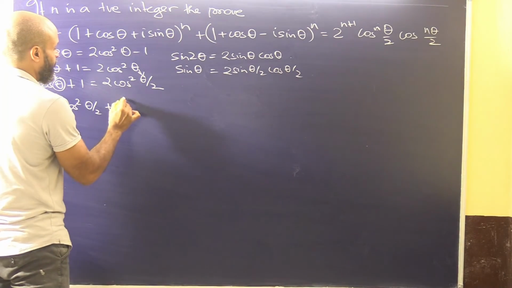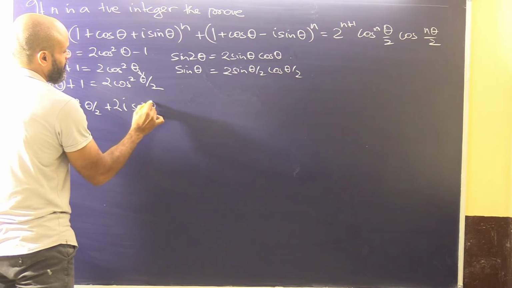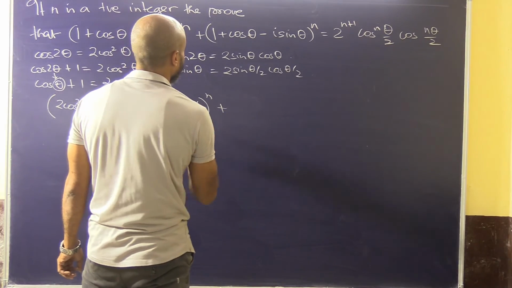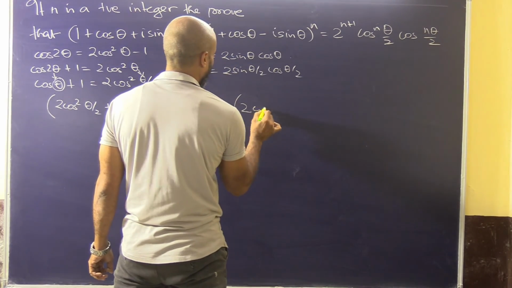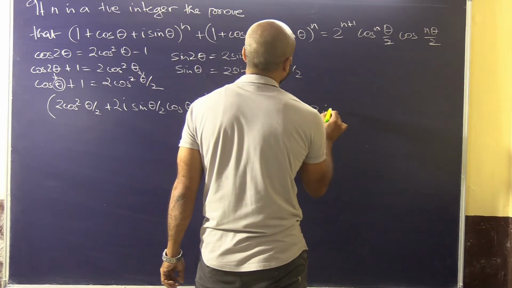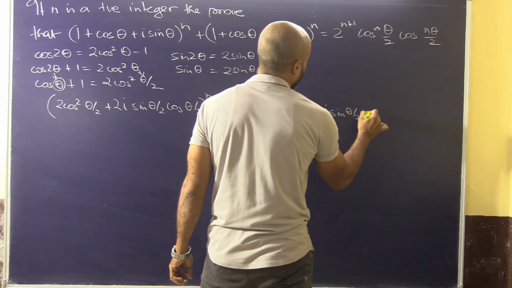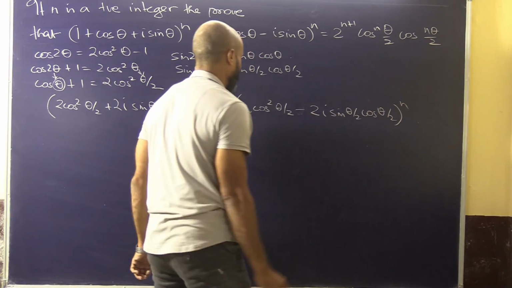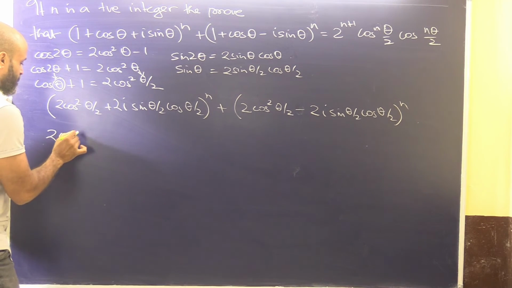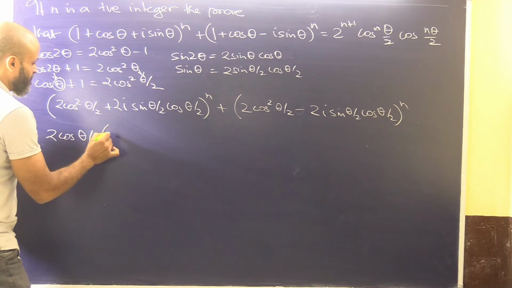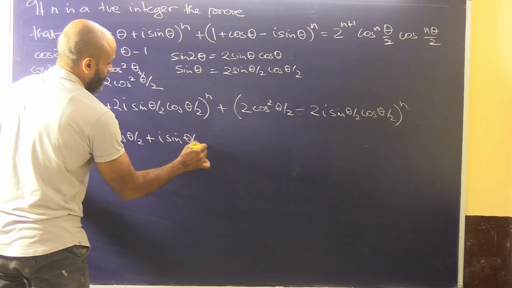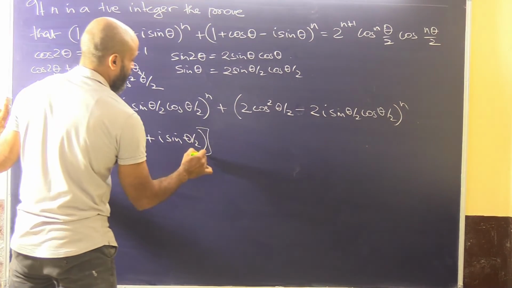So here we have 2i sin(θ/2) cos(θ/2), all to the power of n.